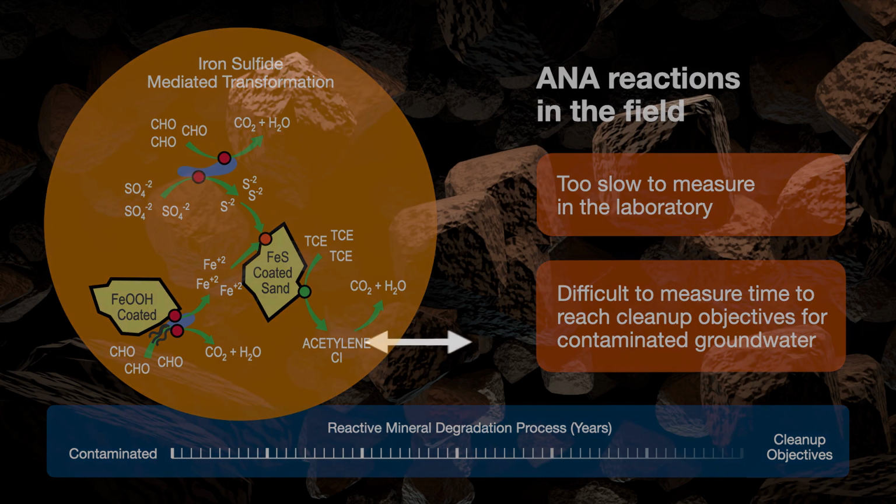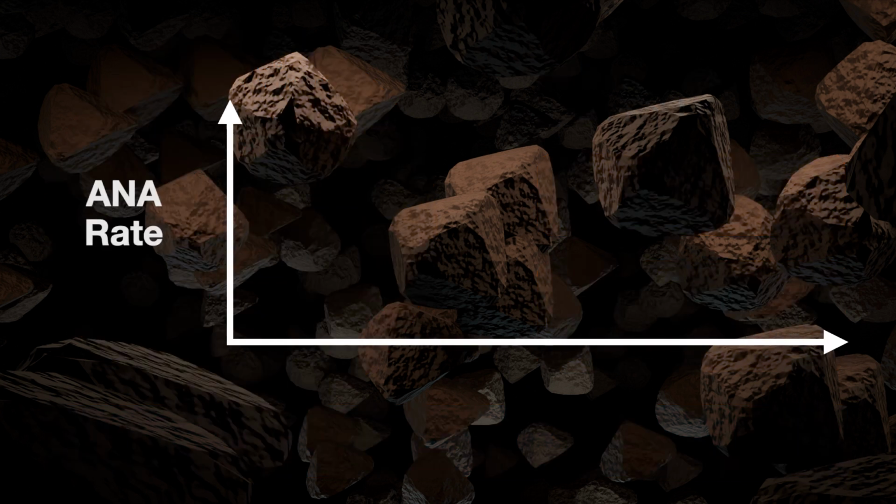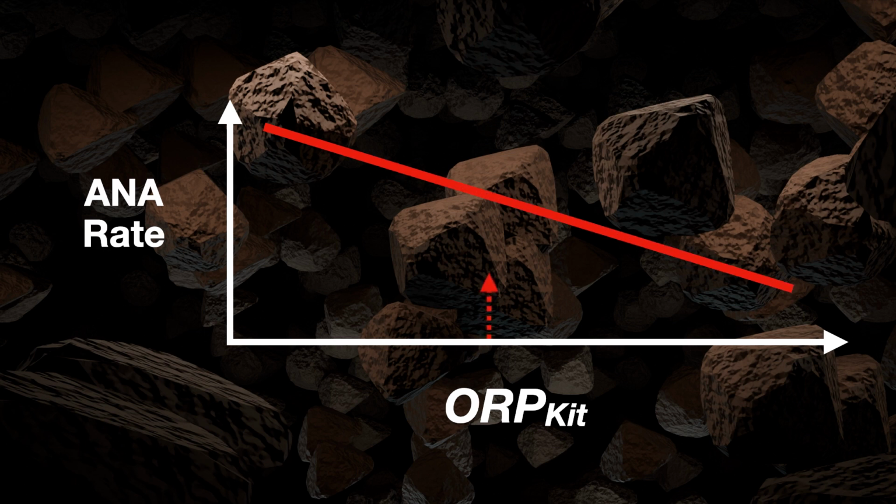This SERDP project aims to address this challenge by developing a novel method which measures the oxidation reduction potentials, ORP, of the reactive aquifer minerals as a predictive indicator to estimate the abiotic degradation rates of chlorinated solvents.